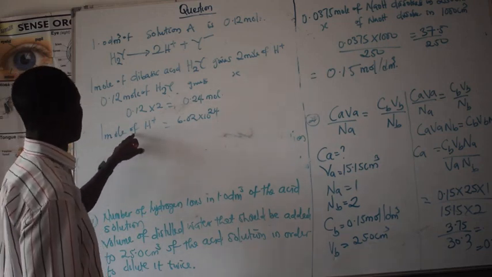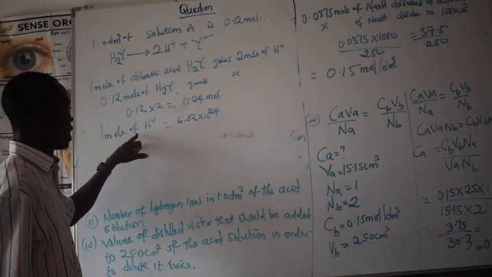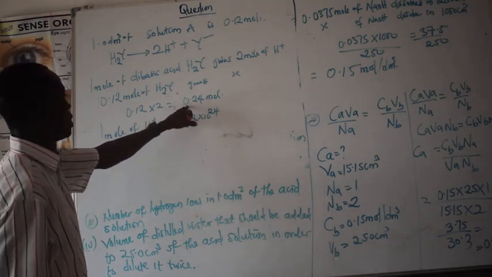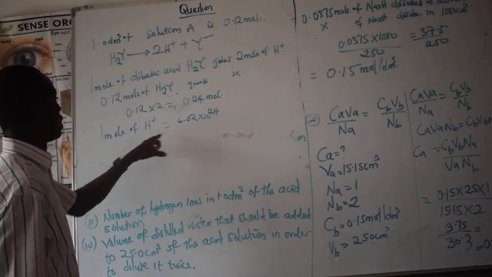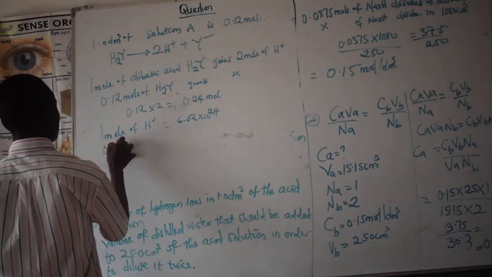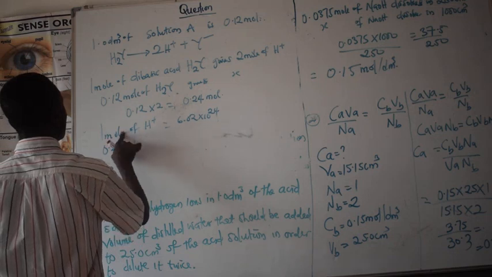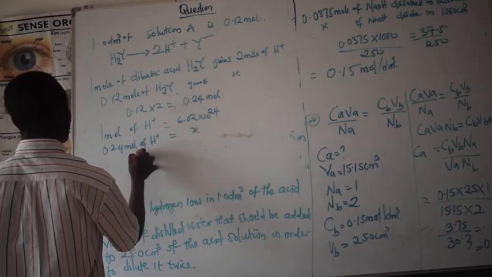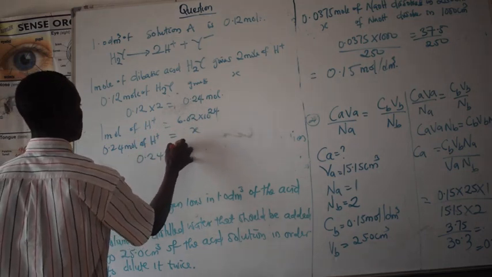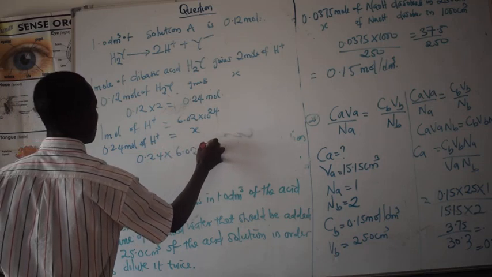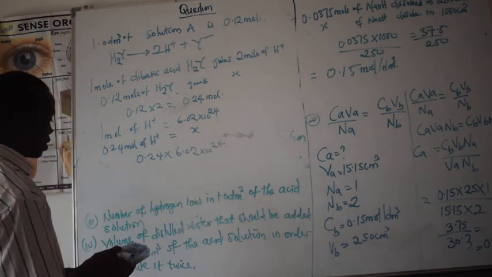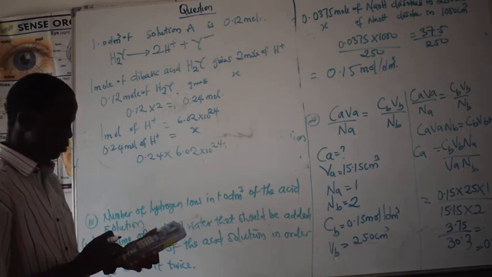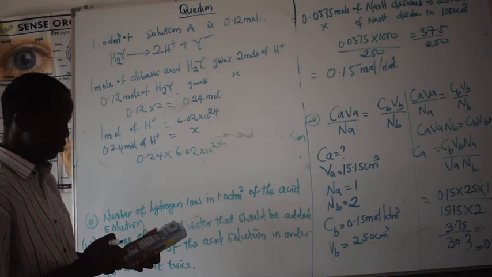So what will 0.24 mole of hydrogen ion give to us? 0.24 mole of hydrogen ion is equal to X. So we have 0.24 times 6.02 times 10 to the power 23.